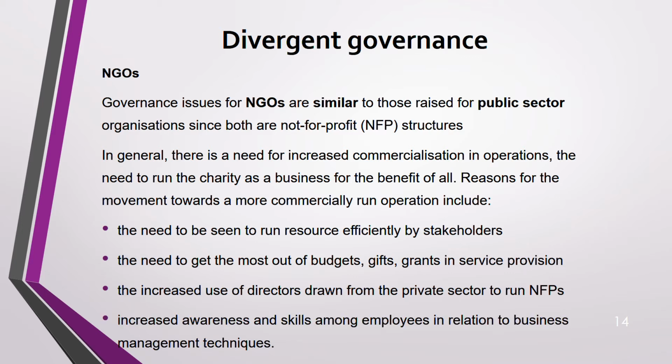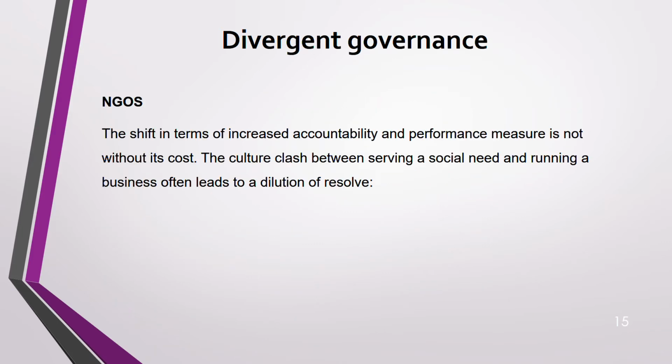Then, increased awareness and skills among employees. When you come from the private sector to an NGO, you will have a better understanding. Employees there have a better understanding and skills on how to run a business. Because running a business and running a charity are two different things. You need skills to run a business. So when you come to charity, this will be very helpful. Okay. Next.